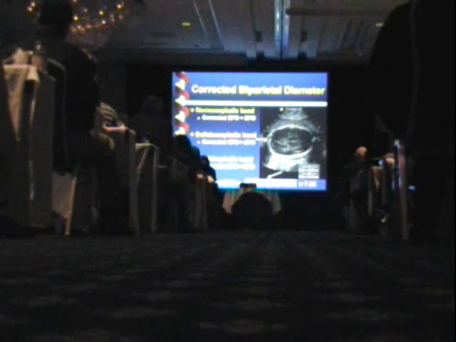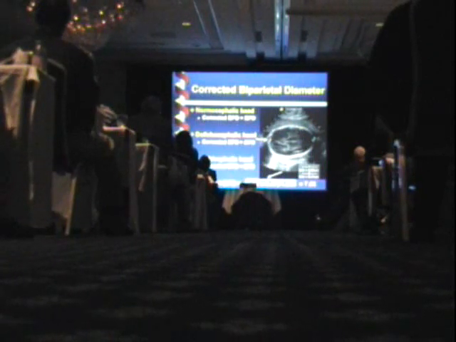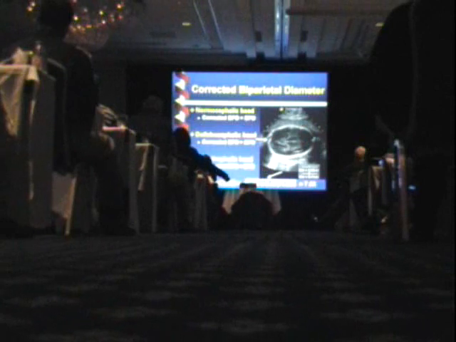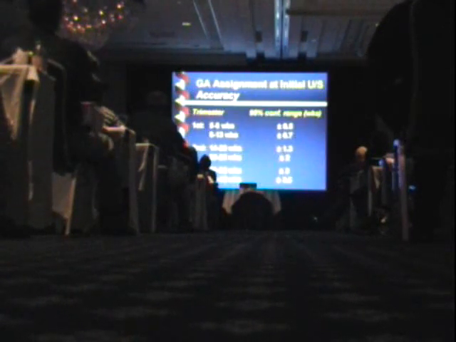And what we do is we use the corrected biparietal diameter instead of the biparietal diameter. What the corrected BPD actually is, is the biparietal diameter of the average shaped head that has the same cross-sectional area as this one. So if you had an average shaped head with this area across it, it would be shorter and wider at a BPD of 70.